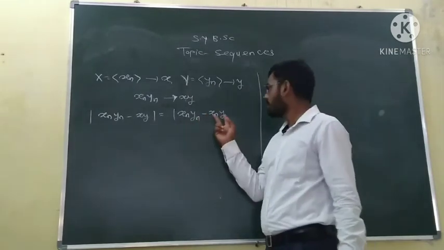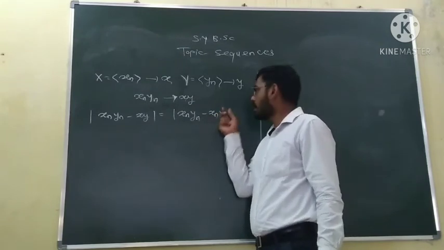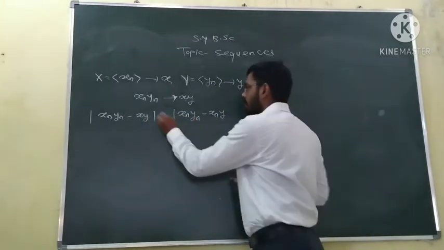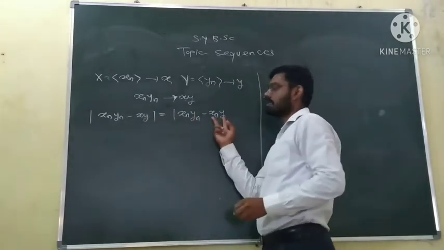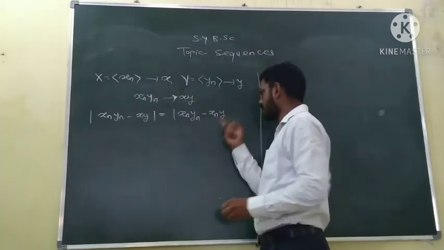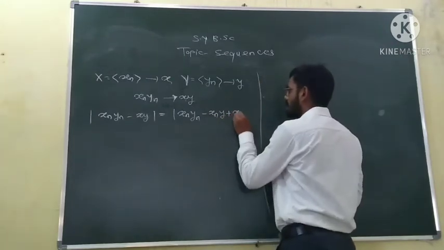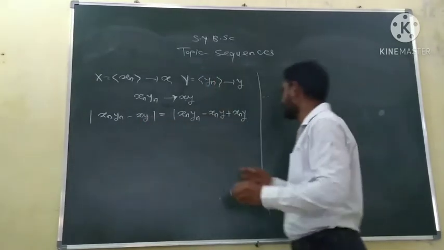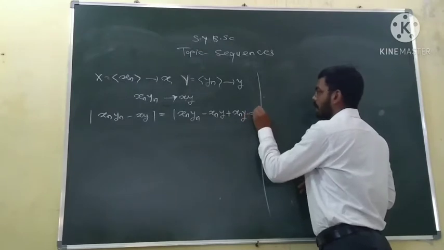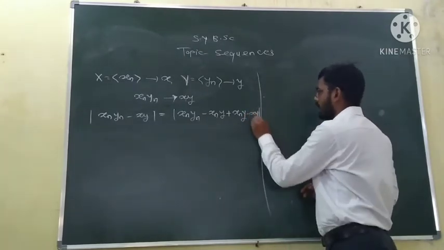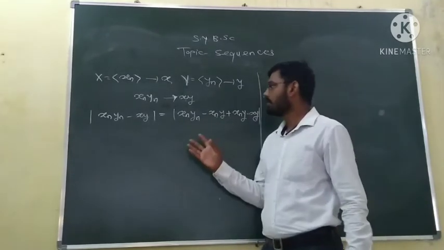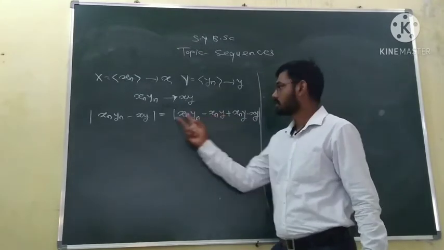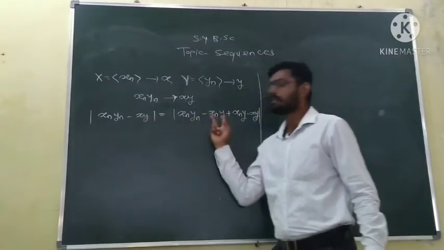As we have subtracted this term, we have to add it so that both sides are the same. And the last term is minus x into y. What we have done is just added xn into y and subtracted it, so both sides are the same.